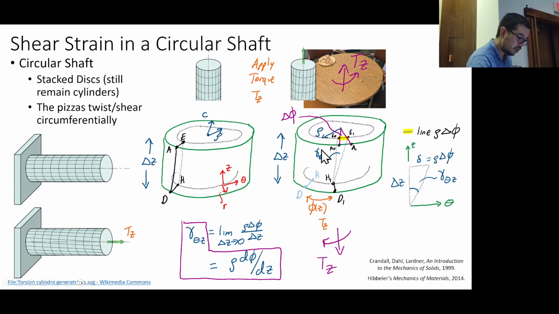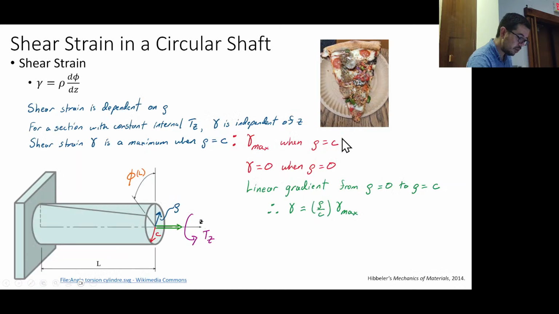So the shear strain is going to be higher out here than it is here. And as we go inward, if rho equals 0, the math says the shear strain is 0. So if you're at the center of your screwdriver as it's twisting, it's going to be 0 as well.